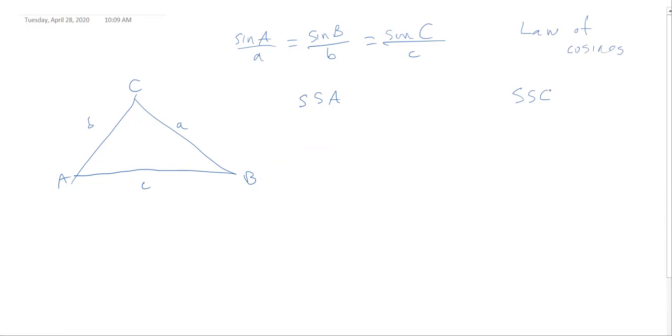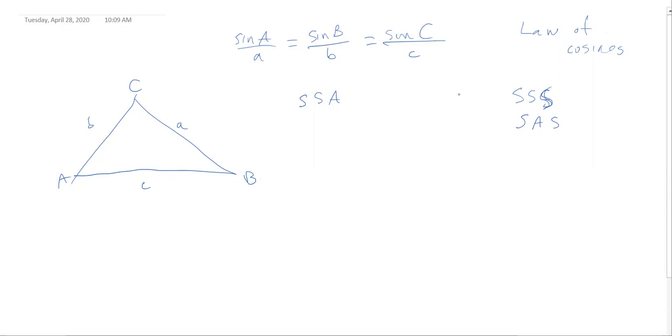Okay, when you have a side situation. But let me see, I had that outlined in here somewhere, but these 2 cases are handled by the law of cosines, but the law of sines are these other 2.